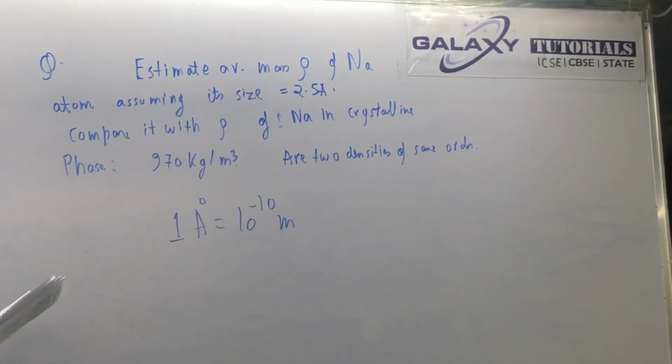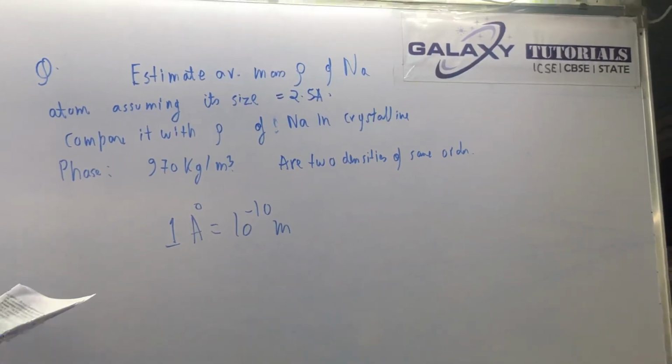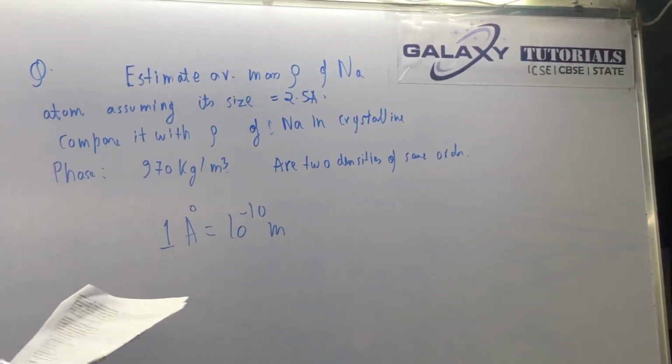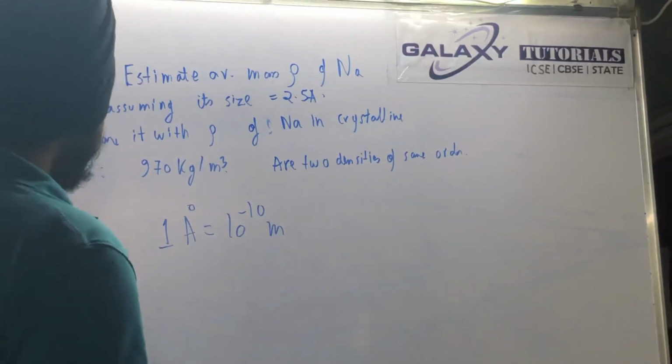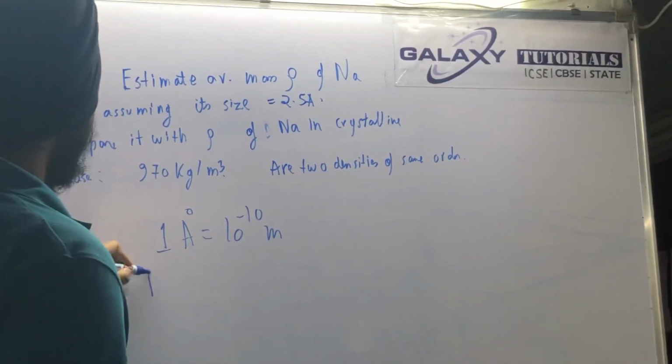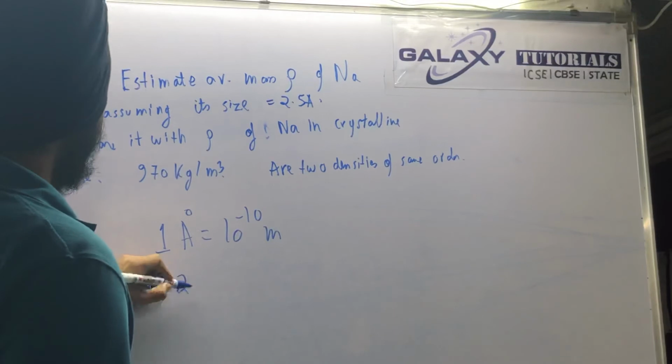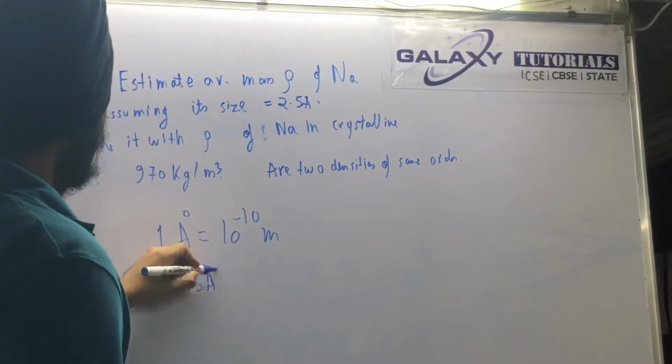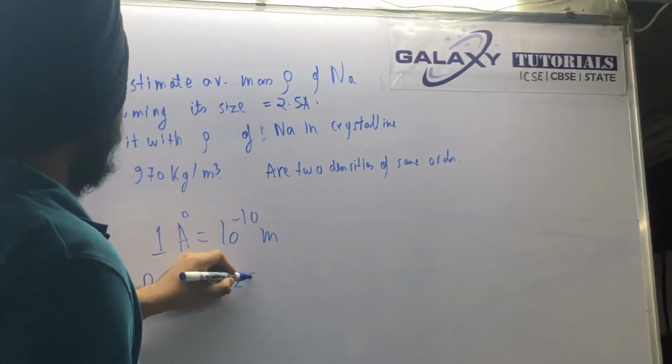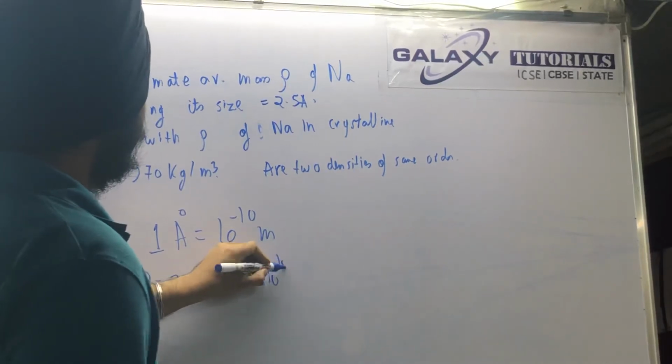They have given us that the radius of the sodium atom is 2.5 angstrom, or 2.5 into 10 raised to the power minus 10 meter.